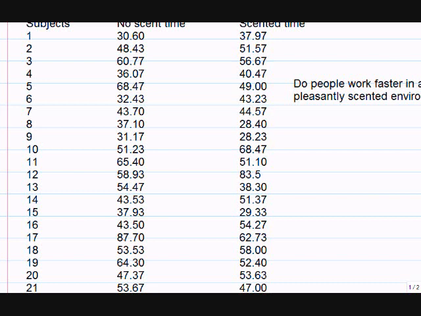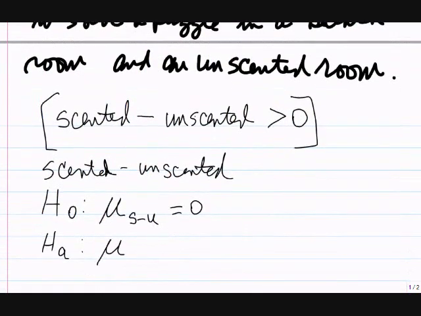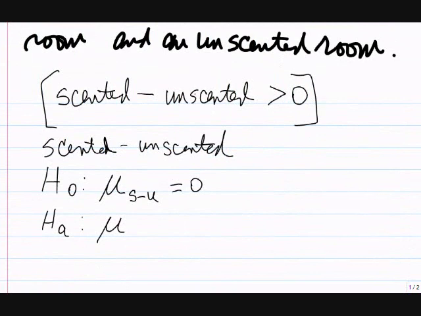Whenever I think that these two numbers came out of the same subject or are a match of that subject, I want to, before I go any further, find the difference between those two numbers. Okay? So my alternative hypothesis needs to be that scented minus unscented is greater than 0.